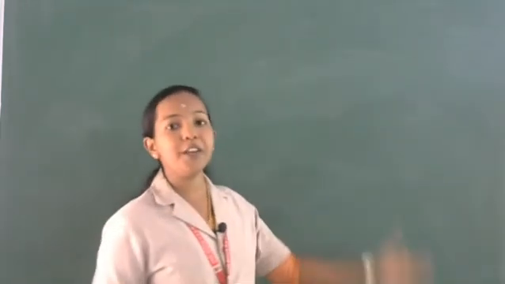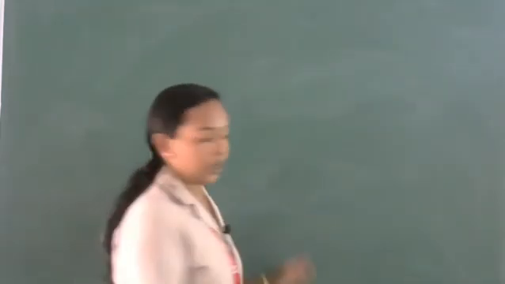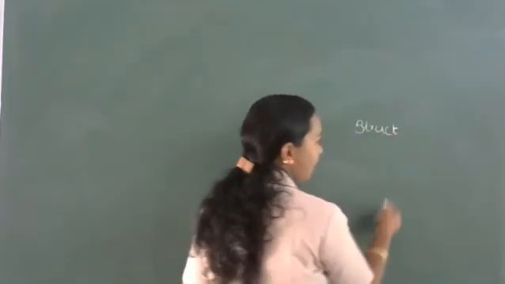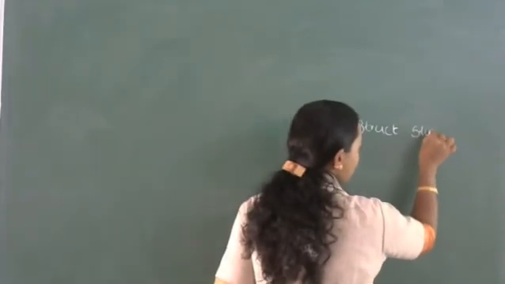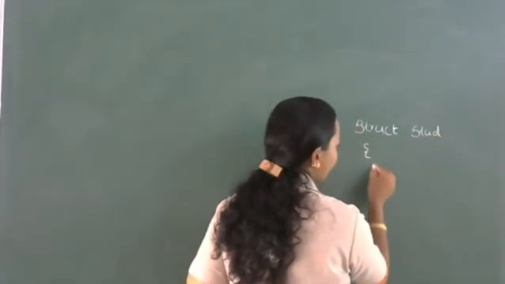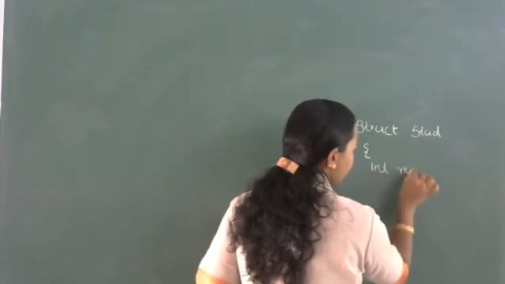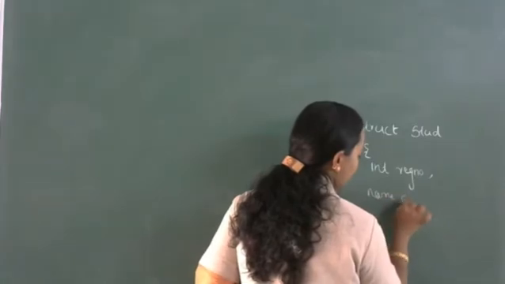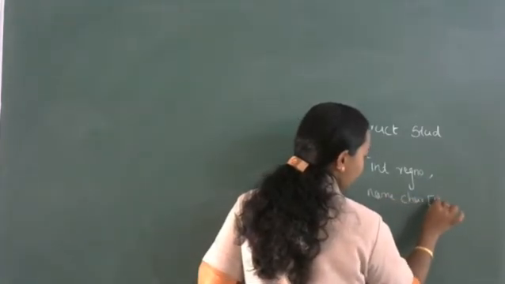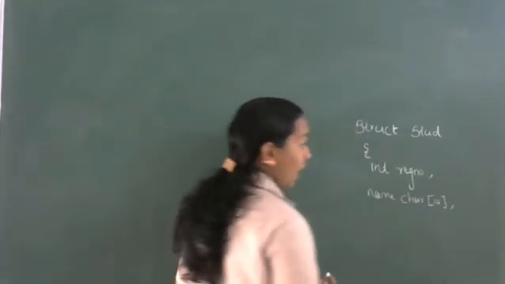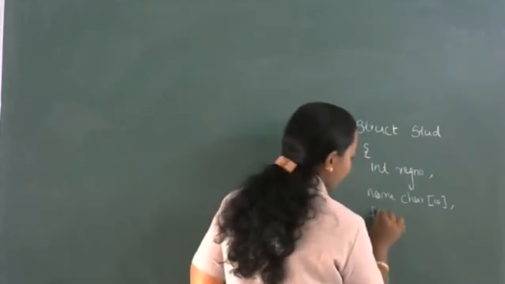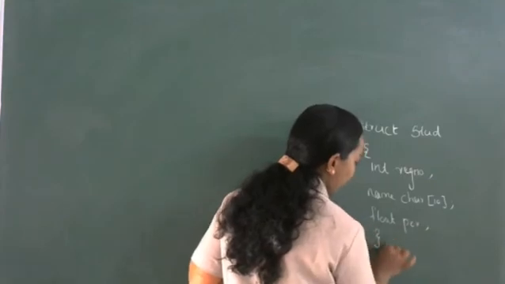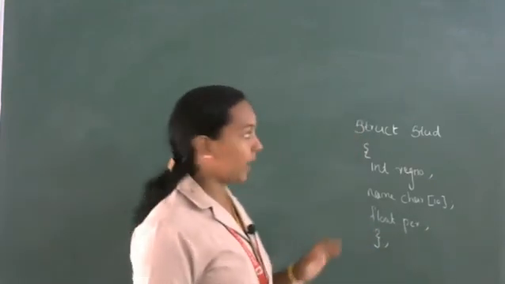First I am going to write a sample structure. We declare a structure using the keyword struct. Struct, the structure name is stud, then int register number, then char name of 10, then float percentage, then close the bracket, semicolon.